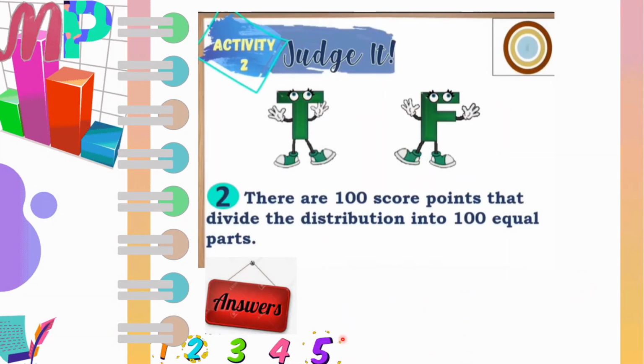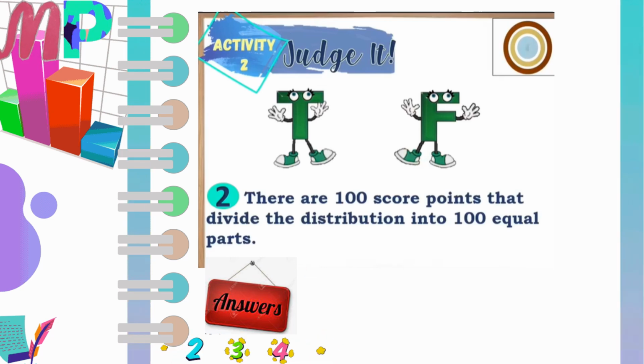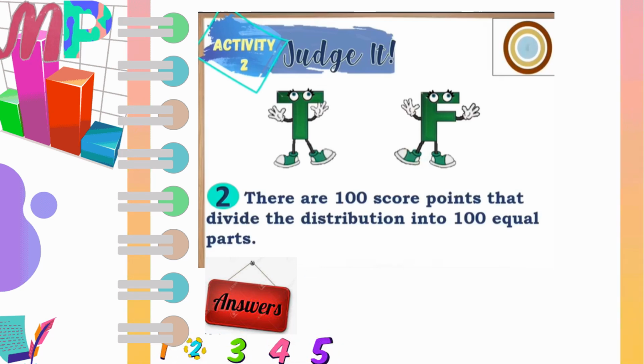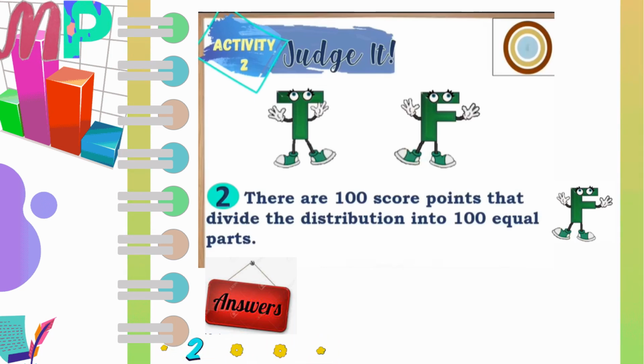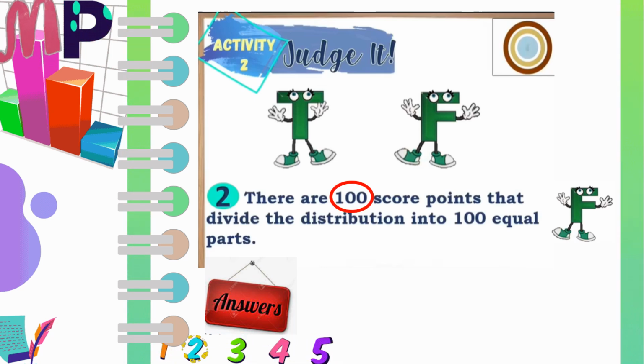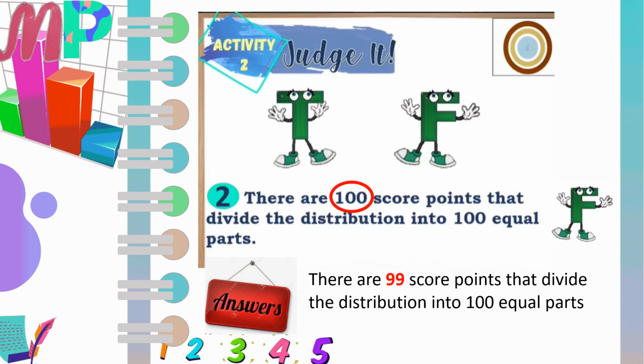Number 2. There are 100 score points that divide the distribution into 100 equal parts. Is it true or false? The answer is false. Why false? Because there are only 99 score points that divide the distribution into 100 equal parts.